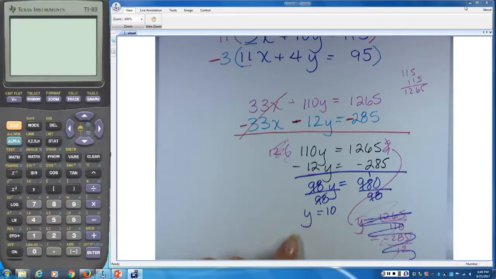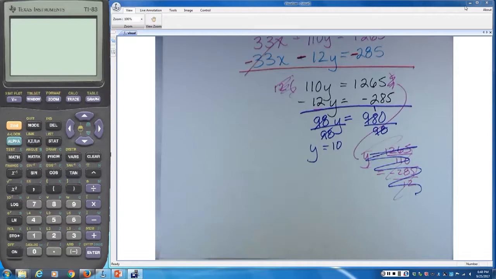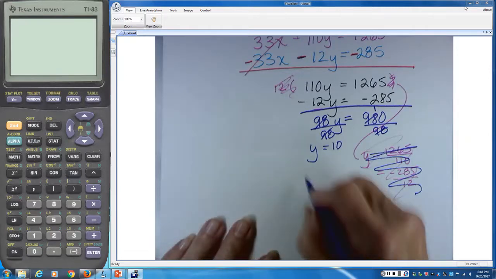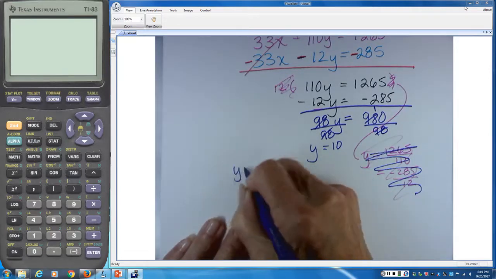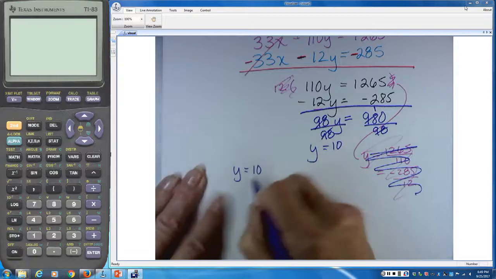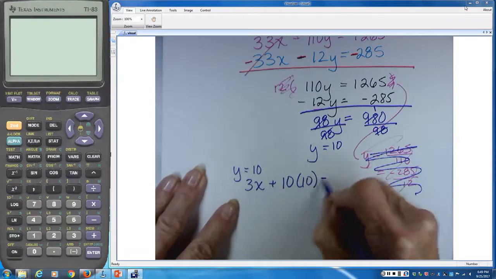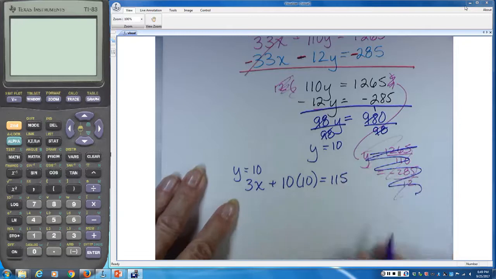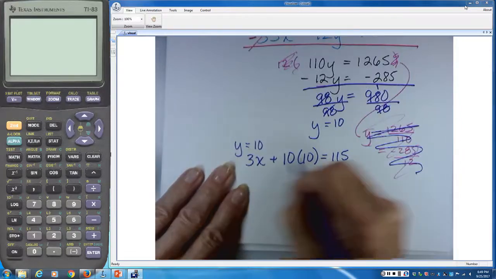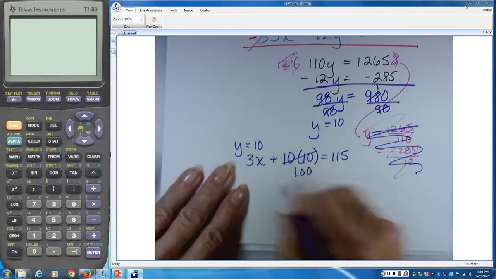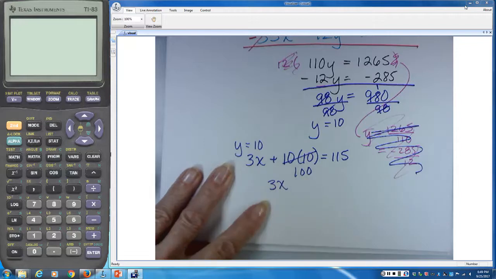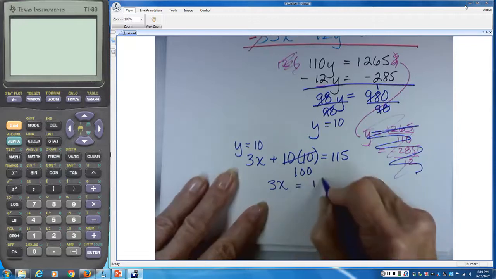And by what we call back substitution, what we realize then is that if y is 10, then 3x plus 10 times 10 is equal to 115. And since 10 times 10 is 100, 3x is equal to 15.